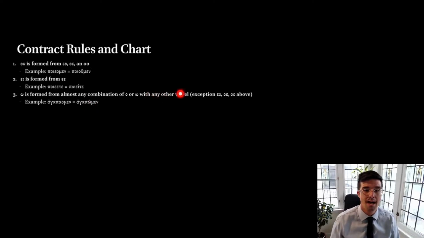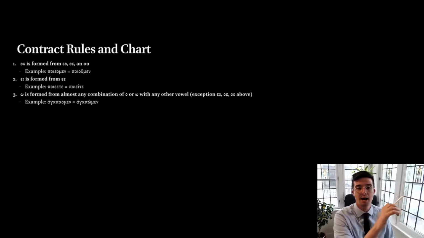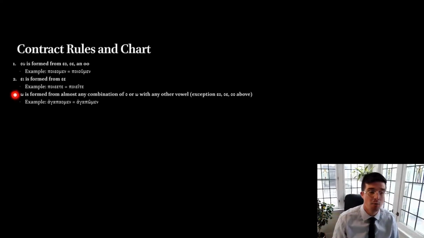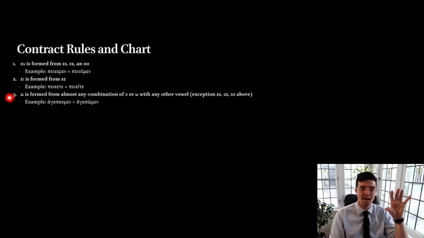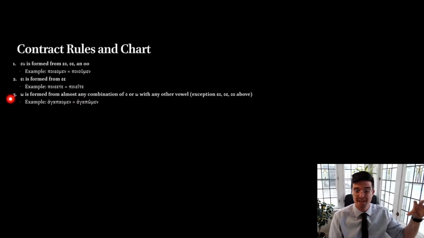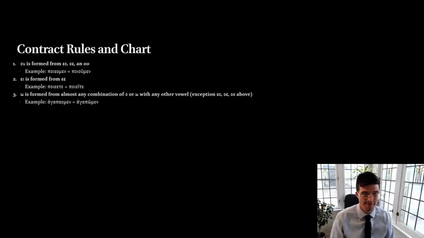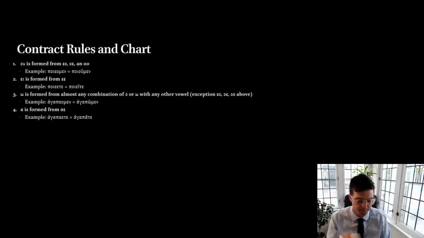So besides these exceptions up here, the combination of any vowel with an omicron or an omega is going to make an omega. Omega is going to win out. Remember, omega literally means O big. So I think of this as O big or O strong, the one that's going to overcome the other vowel when it comes to contraction.